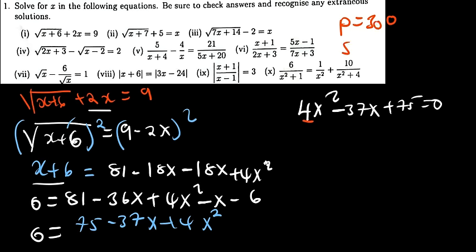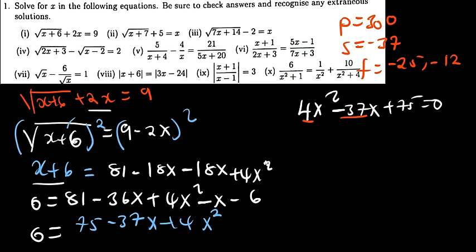My sum is negative 37. So what will be my factors? Two numbers which when I multiply give me 300, and when I add give me negative 37. Those numbers should be negative 25 and negative 12. Negative 25 minus 12 is negative 37, and negative 25 times negative 12 is positive 300.